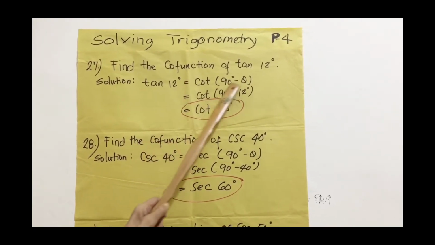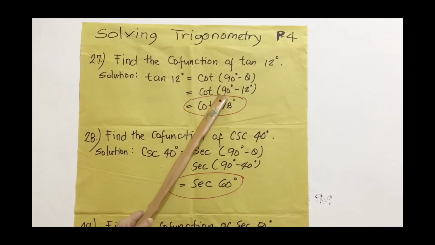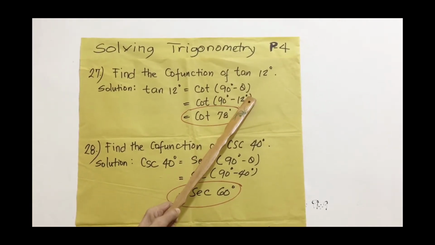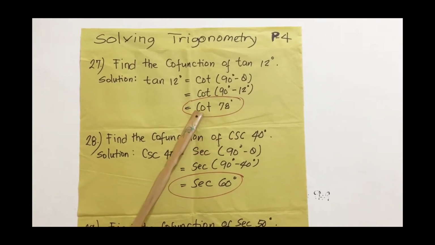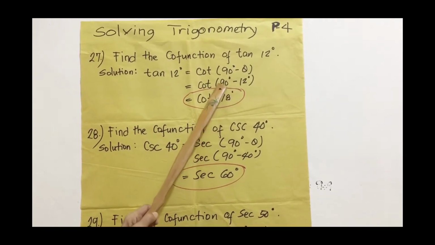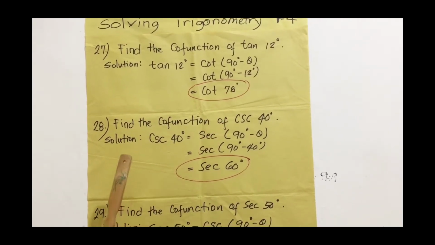So we have cotangent of 90 degrees minus 12 degrees, and we now have cotangent 78 degrees, the difference between 90 degrees and 12 degrees.